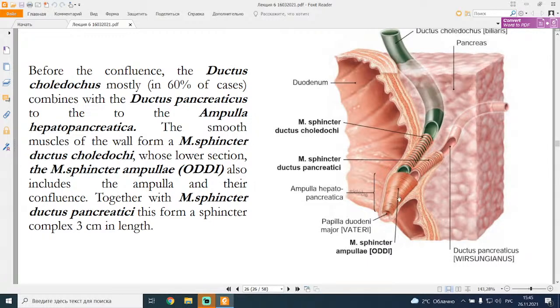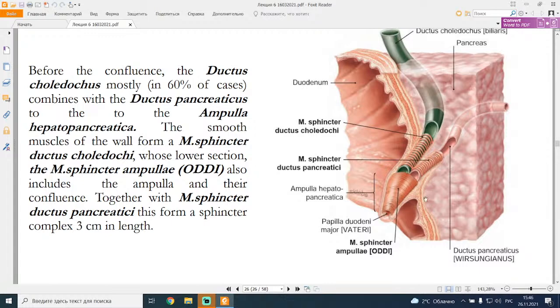The smooth muscles of the wall form the musculus sphincter ductus choledochi, whose lower section, the musculus sphincter ampullae, also includes the ampulla and their confluence together with the muscular sphincter ductus pancreatici.